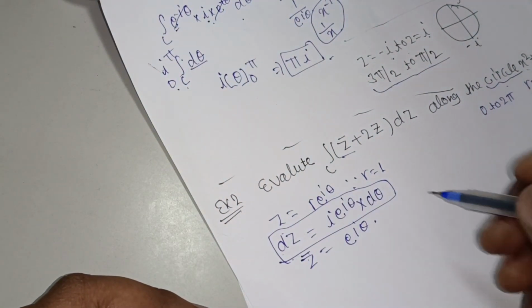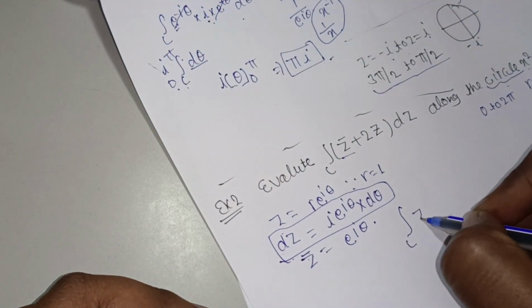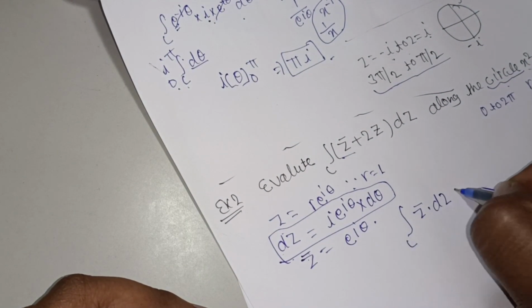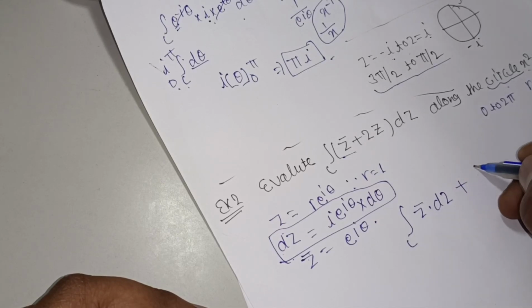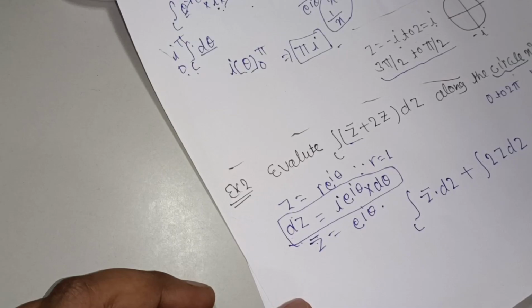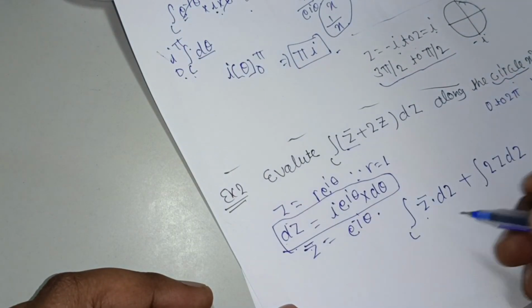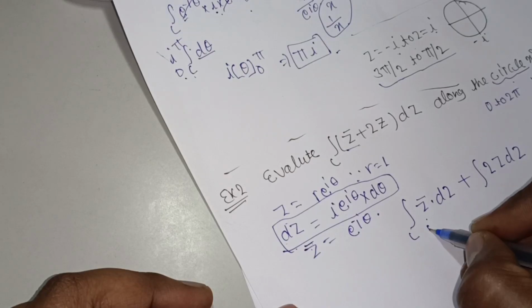Now simply put in the question, like this is given. So I can also separate it. I can write integration of z bar dz plus integration of 2z dz. I can also write it.